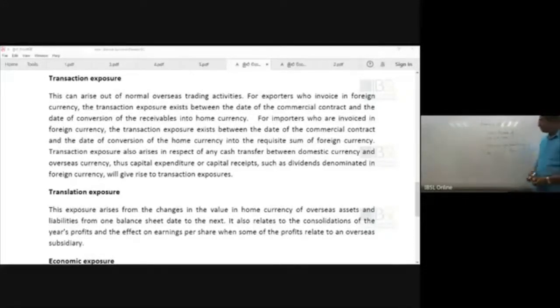Right? In this example, LKR yields 10%, USD attracts 1%.